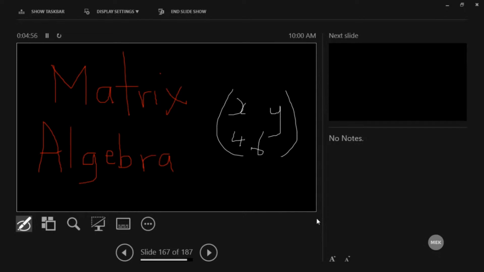This morning, we are doing matrix algebra. So far in our live classes, we have looked at addition of matrices, subtraction, scalar multiplication, the inverse of a matrix, and solving simultaneous equations using matrices.